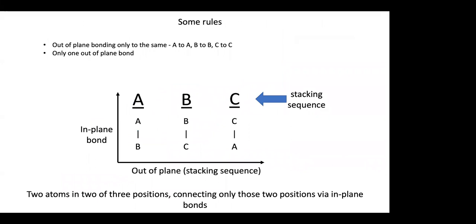And then we can talk about some rules that we might apply to how those graphite layers might bond to each other. Typically they will only bond A to A, B to B, and C to C, and only one out of plane bond. That's really important to realize because that limits how these phase transitions can occur.